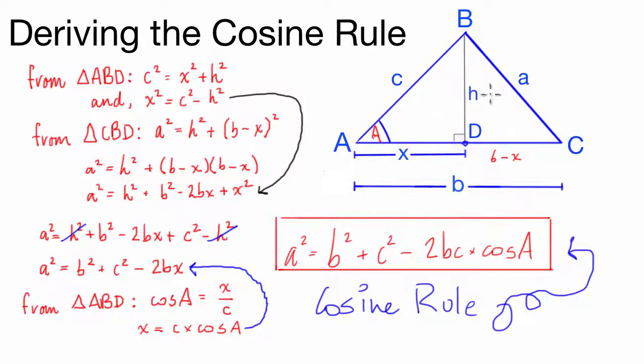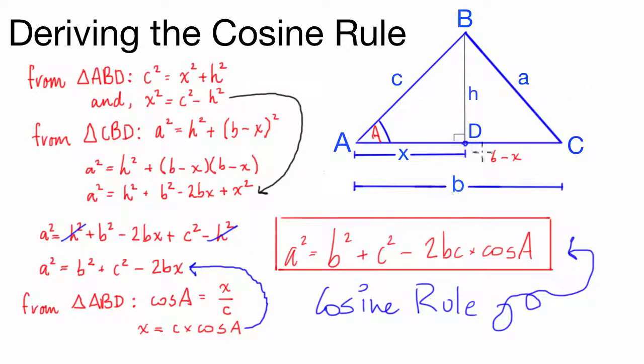So basically what we've got here, in our proof, is a non-right angle triangle, and we put a perpendicular to one of the sides, called it H, and we were able to break the bottom into X and B take X. Using Pythagoras, we got each of the sides, C and A, in terms of X. We substituted one into the other, and finally, using the first right angle triangle that we have the angle for, we found the cosine in terms of the adjacent and the hypotenuse, and we substituted it back into our formula.